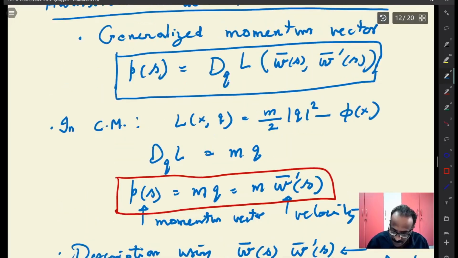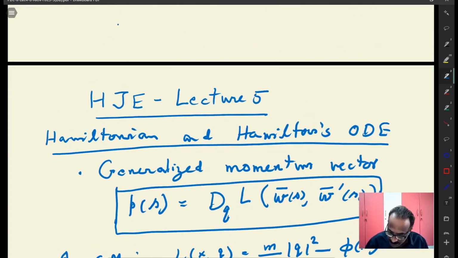So q is solved from that one, but then your P is introduced like that. If you go back here, yes, P is introduced like that.